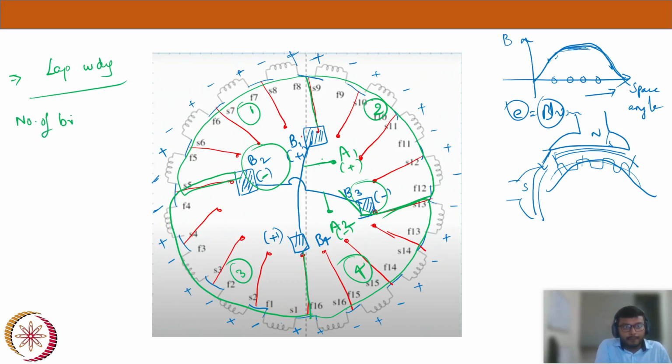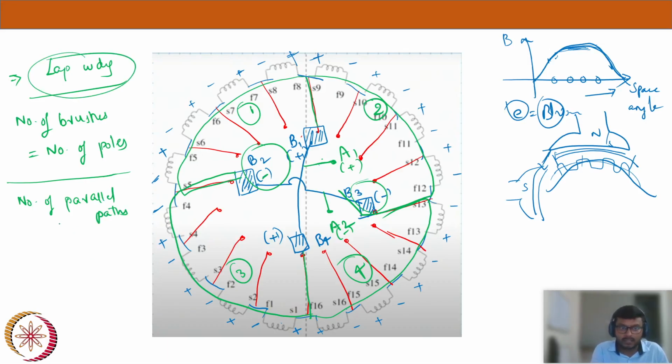Now from this I want to conclude, if it is a lap winding, number of brushes will be equal to number of poles. This is one conclusion from the diagram we have. Another conclusion is, number of parallel paths in a lap winding, it only works for lap winding. For wave winding it's different.